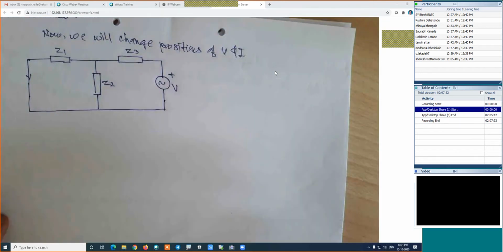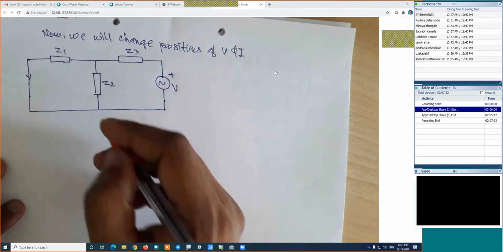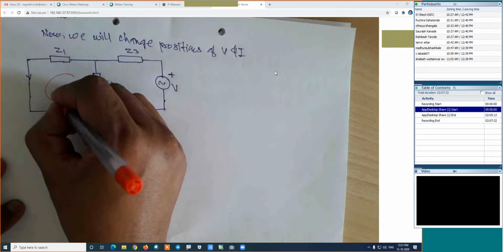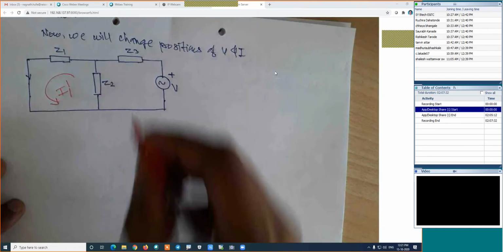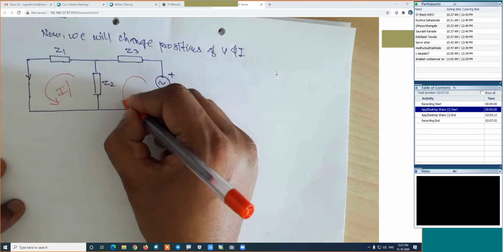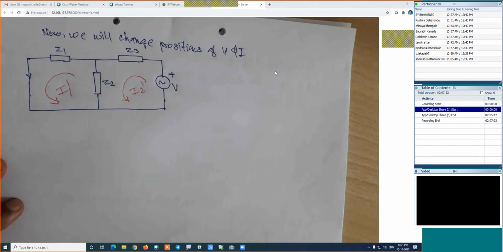Now, what will happen in this case? In this case, I will name this current. We know this actual current. I will take this value as the actual, which is nothing but I1 dash, and this value in this case is I2 dash for case 2. We will take the currents of case 2 as I1 dash and I2 dash, by the direct inspection method.